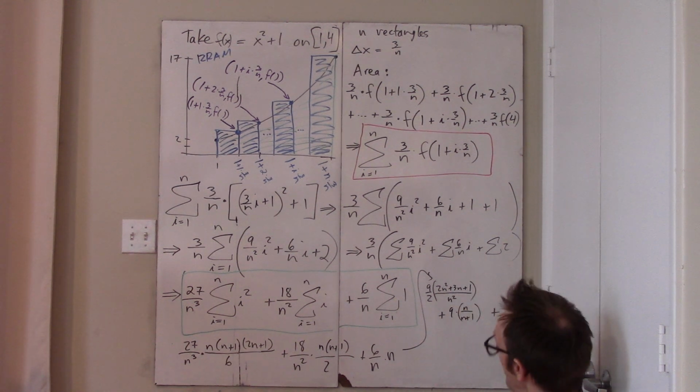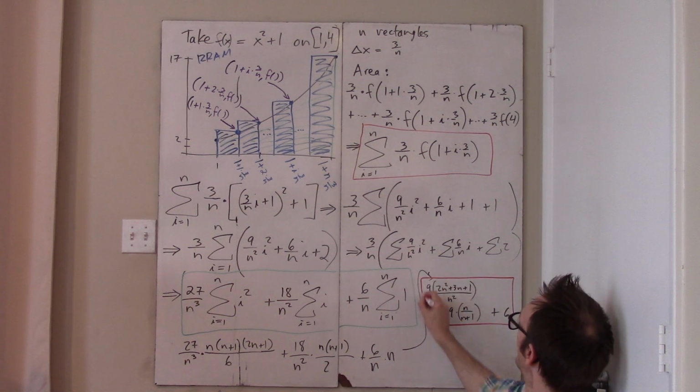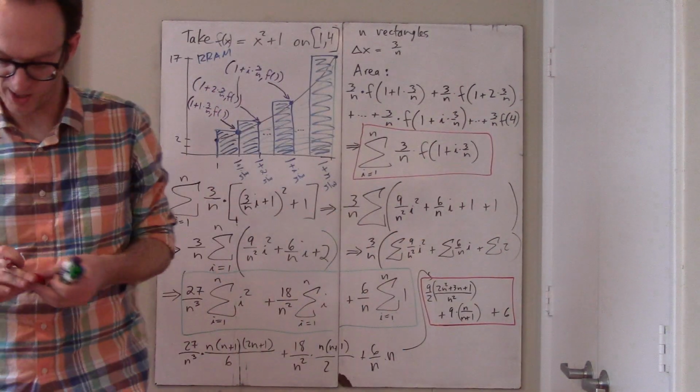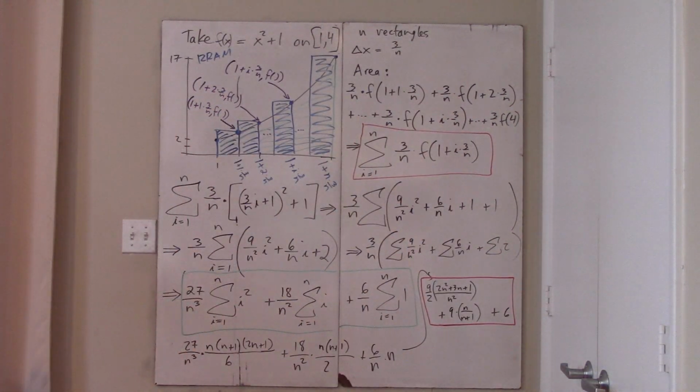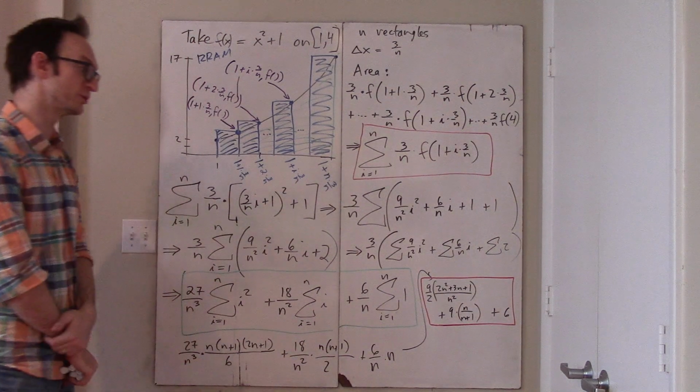Okay, so pardon the fact that I ran out of room, but this expression, just like before, after all this work, is an expression which tells you for a particular n what the area under this curve will be, where n is the number of subintervals that you used.